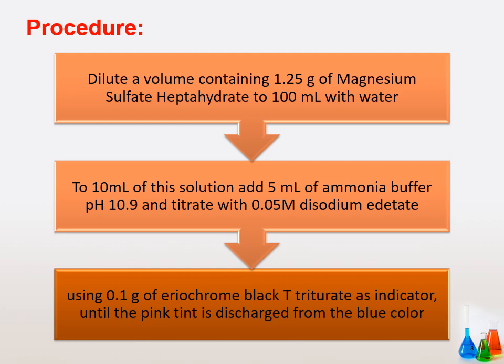We will dilute a volume containing 1.25 gram of magnesium sulfate heptahydrate to 10 ml with water.